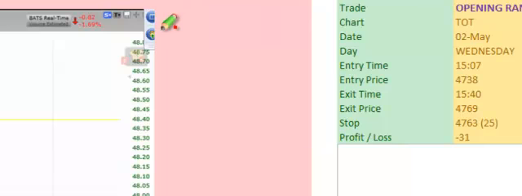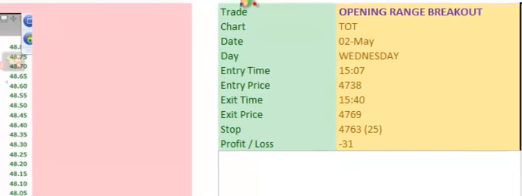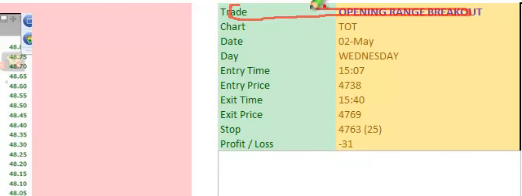So here we have the first trade of the day, opened at around 47.38. So what I've written here is the trade, an opening range breakout, which is the name of the strategy.